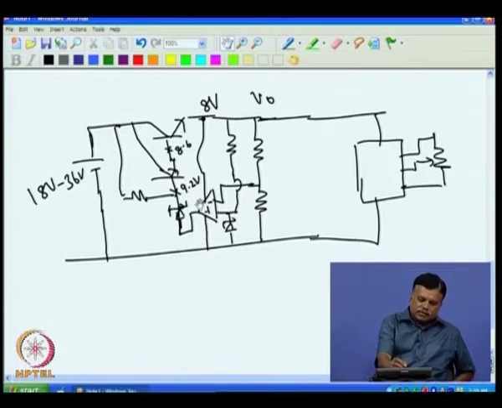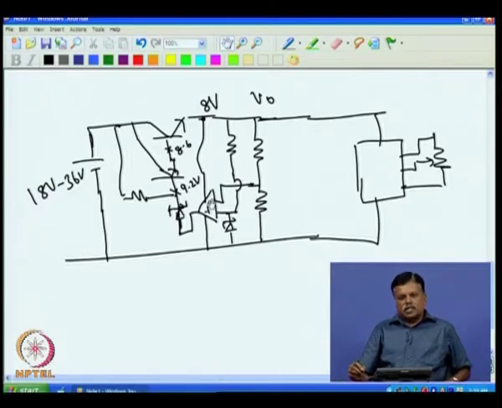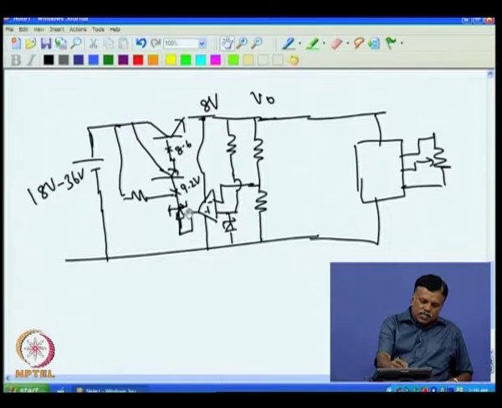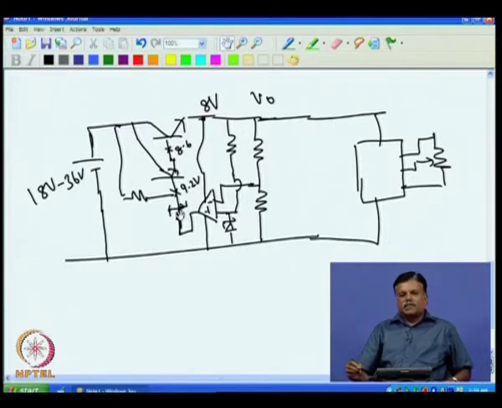That is the trick that we have used in this case to get a regulated 8 volt output, and the supply voltage of the op amp we could also operate at 8 volt. That extra boost that is required is coming from this Zener. This is a very important thing.